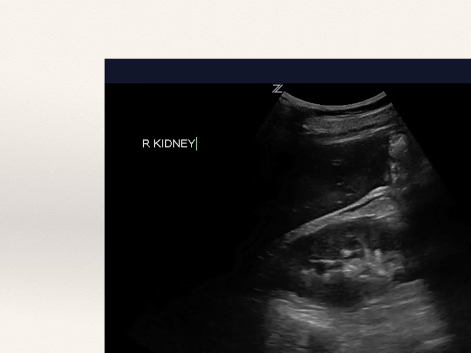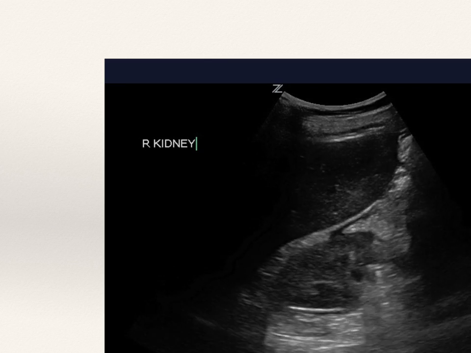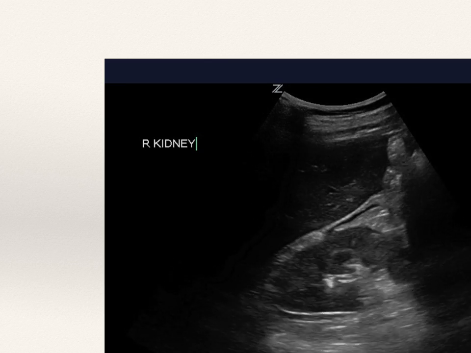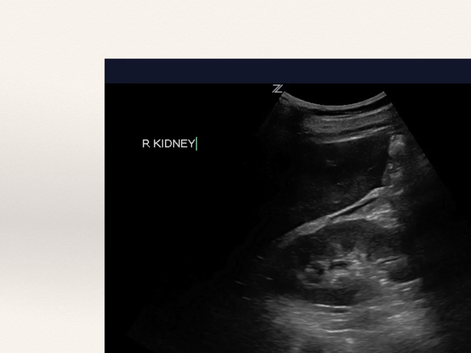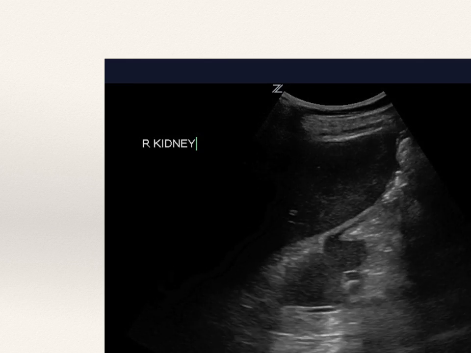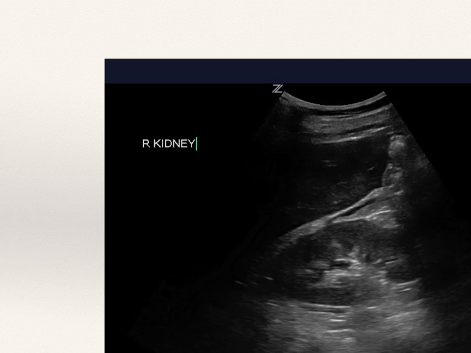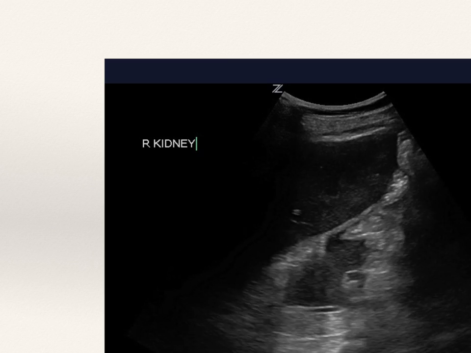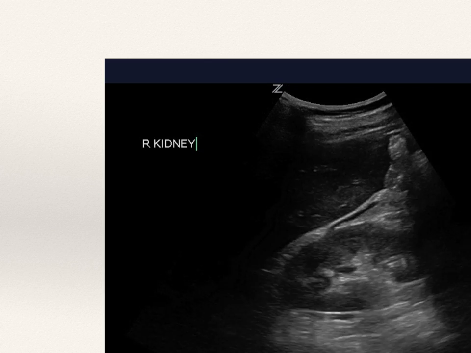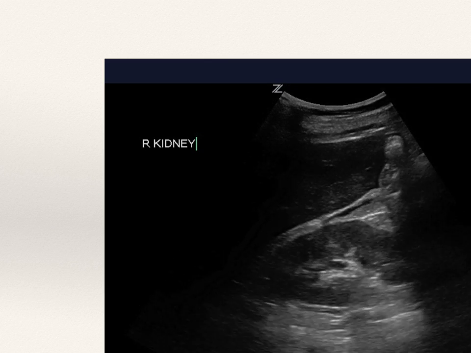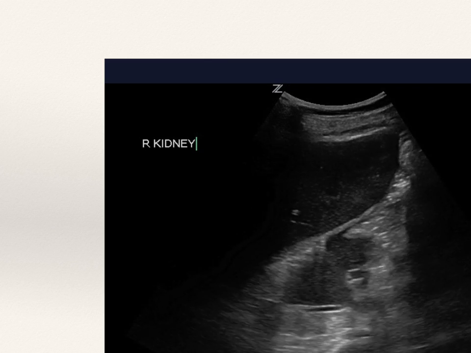Yeah. So, it's not a positive FAST. Okay. So not a positive FAST. So what makes you say that it's around the kidney and not around the liver? Well, I can't remember what the different fascial planes are, but it's basically a thin strip around the kidney. It's not going to be communicating.